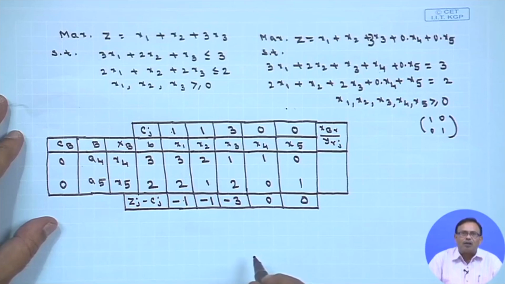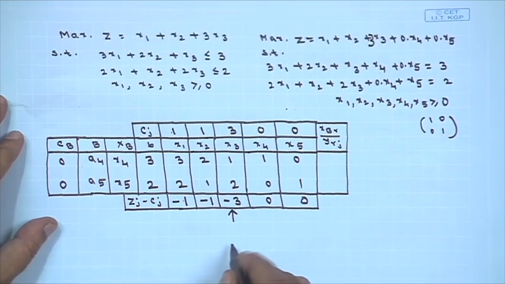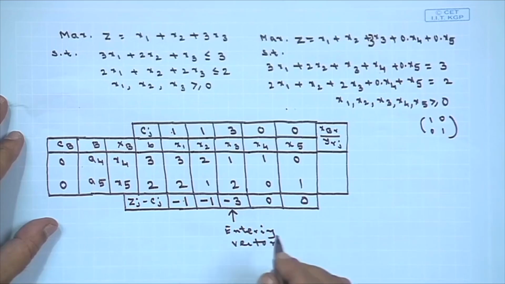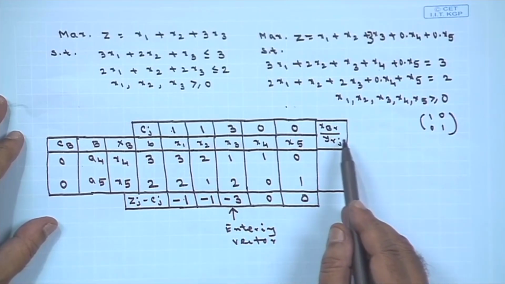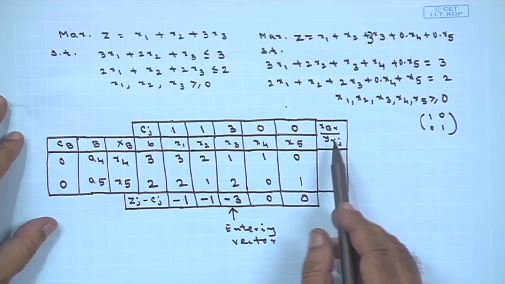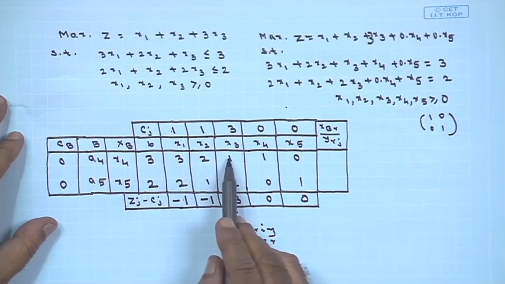The third column gives the most negative value, minus 3, corresponding to the variable x3, so this is the entering vector. Now I have to calculate the outgoing vector. To do that, I have to find the ratio of xBr by yrj, that is, b by xj for whichever column you are choosing.